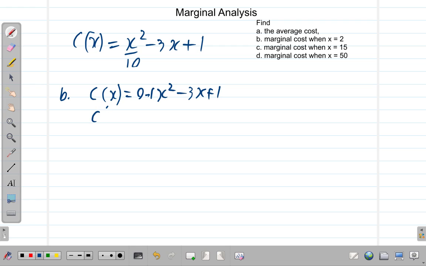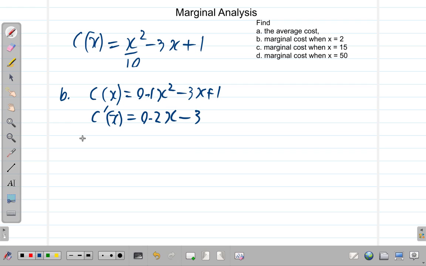Alright. So C prime of x then is equal to 2 by 0.1, which is 0.2x minus, when you differentiate 3x you get 3. When you differentiate 1 you get 0. So this is what we have.